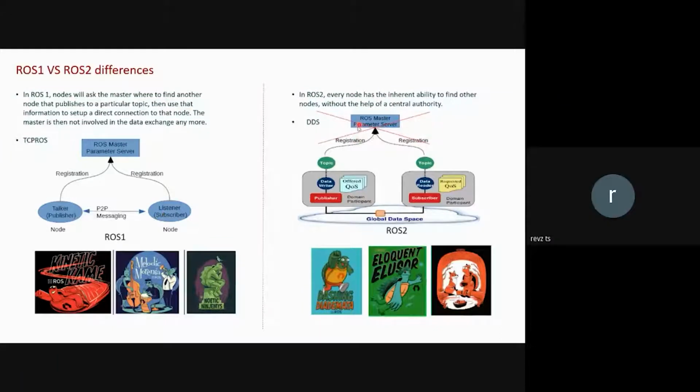But such a ROS master is not required in the case of ROS 2, because here all the nodes are global, and all the nodes can see each other and communicate with each other. And they can assign a QoS parameter, quality of service parameter, for proper control over the data. So all these benefits are because of the presence of DDS at the bottom of ROS 2.